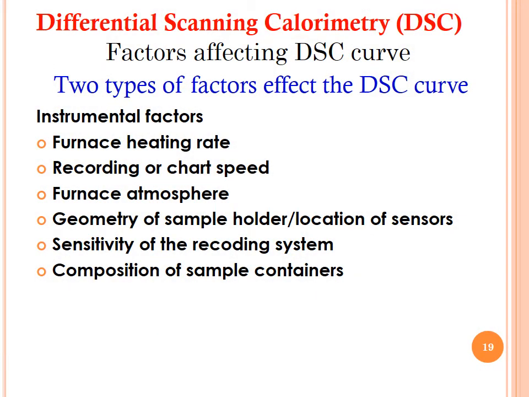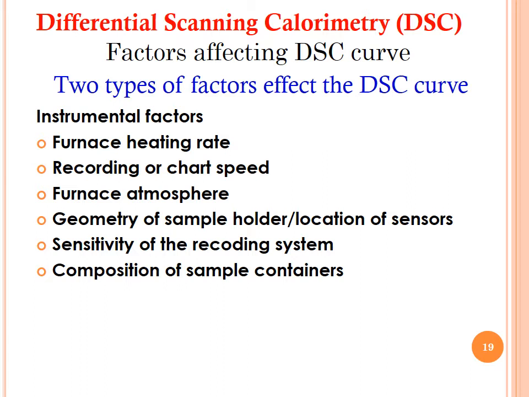Various factors affect the DSC curve. Two types of factors affect the DSC curve. Instrumental factors: furnace heating rate, recording or chart speed, furnace atmosphere, geometry of the sample holder, location of sensors, sensitivity of the recording system, composition of sample containers.